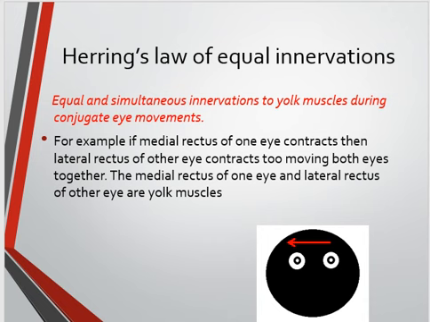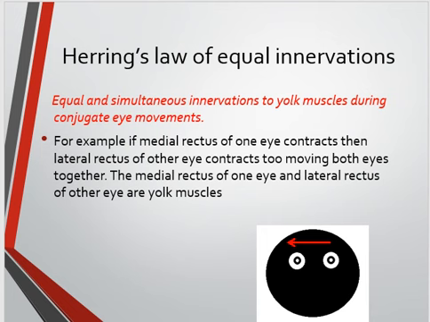That is, say for example in this diagram, when the person is looking to the right, that is dextroversion, what is happening here is the right lateral rectus is moving and the left medial rectus is moving, causing the eyes to move towards the right.